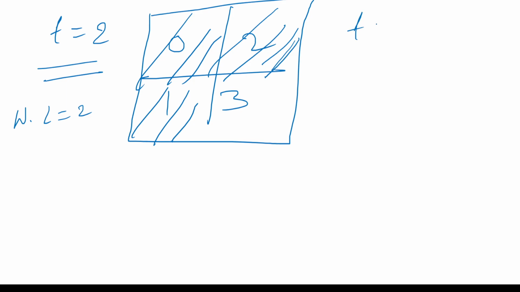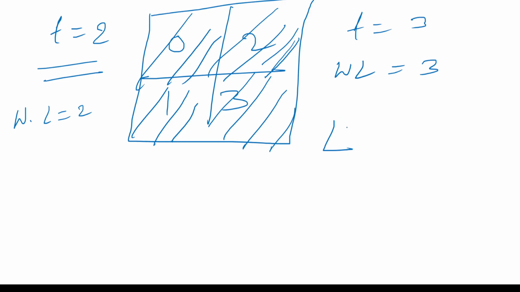Similarly, when we move to t equal to 3, the water level is 3. So the cell value less than or equal to 3 is accessible. So all is accessible now. That is why we have seen that the answer was coming 3.